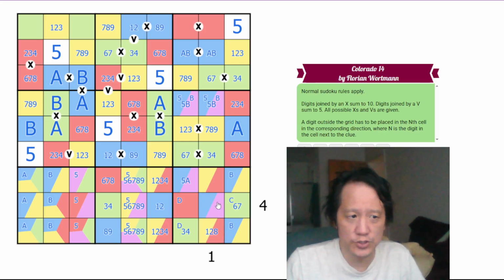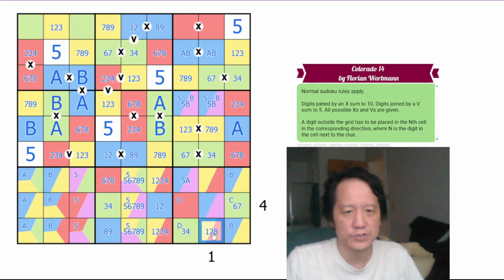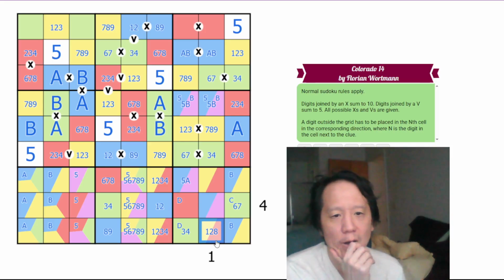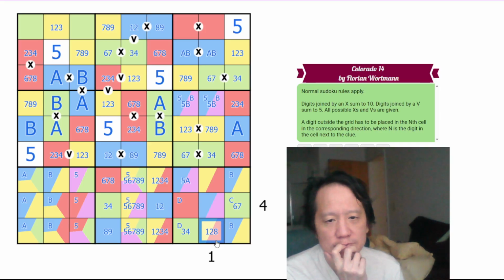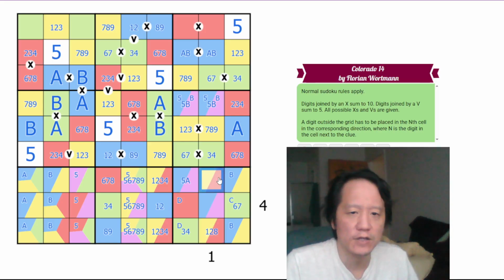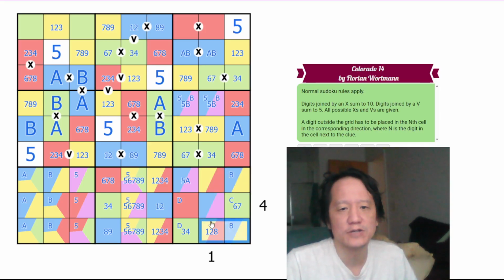If it could be 2 or 8. Or this is 1 and it's yellow. That means one of the yellows can be here. The other yellow has to be here.